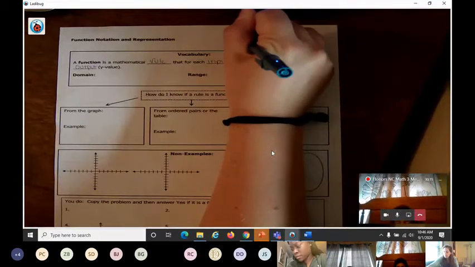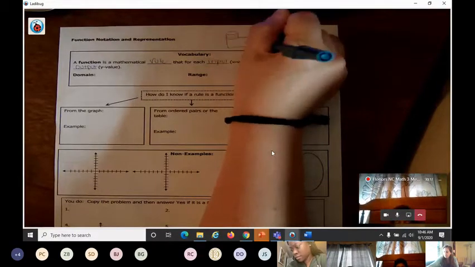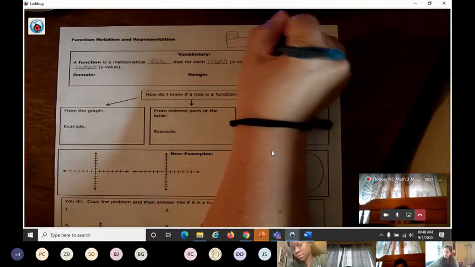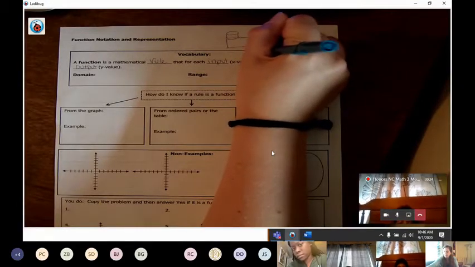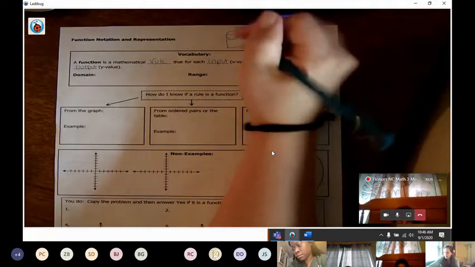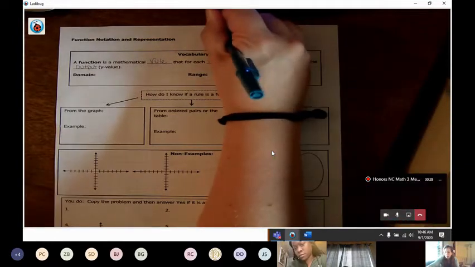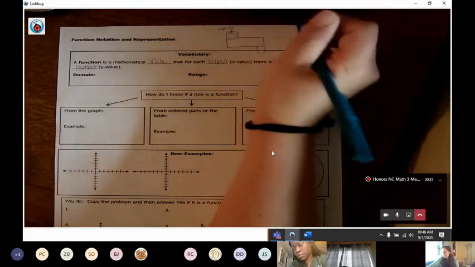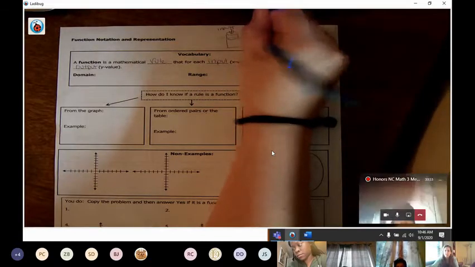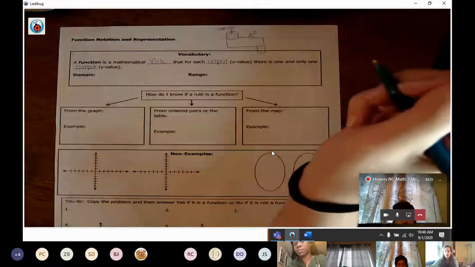You may have seen a function described like a machine where you put something in and the machine is trained to output a specific thing. Okay, so we put in our inputs and maybe our rule, the thing that our machine is trained to do, is to square our inputs.